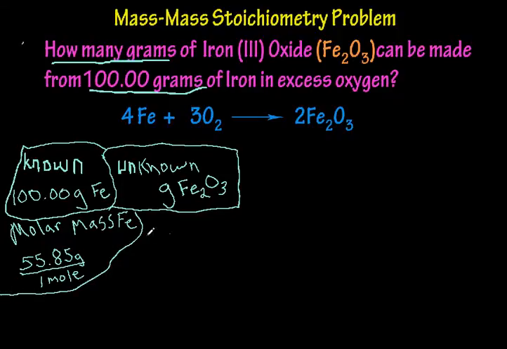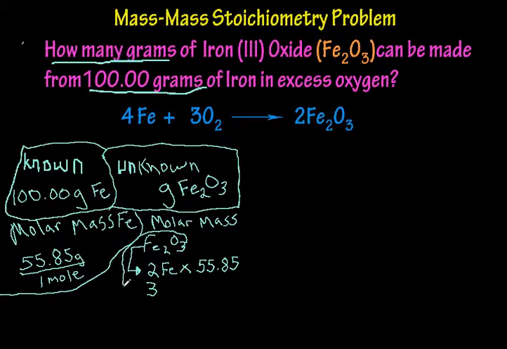Let's do the molar mass for iron 3 oxide. When you're having to add the molar masses of chemicals, this is a little review for you. So we have 2 irons times, what did iron weigh from the periodic table? 55.85.